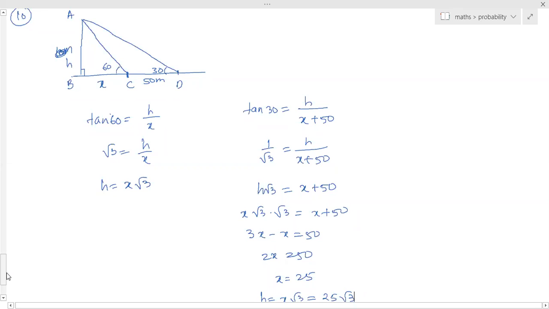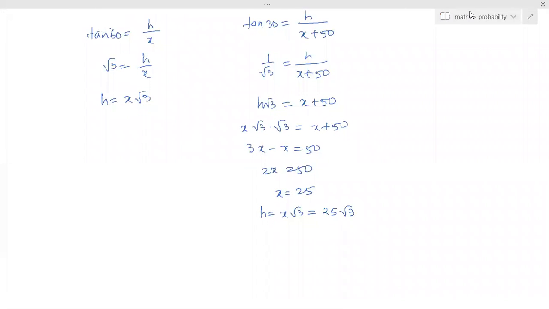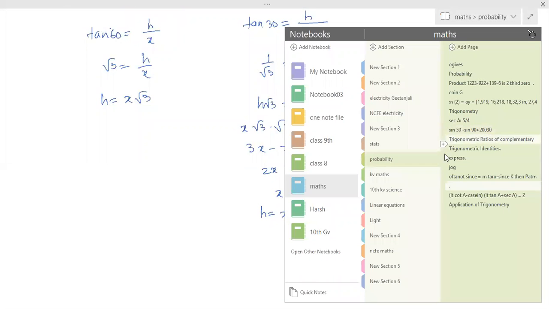That's what I'm checking with. 25 root 3 is 43.300. That is 43.3 meters. Yes, ma'am, 43.3.